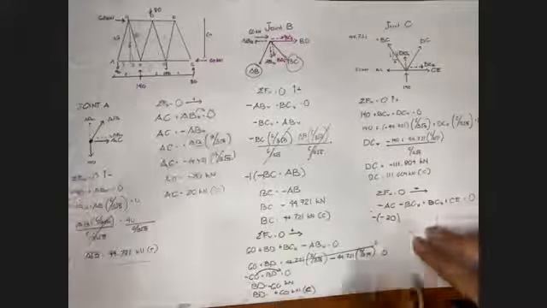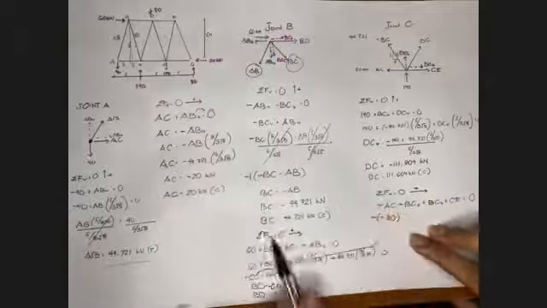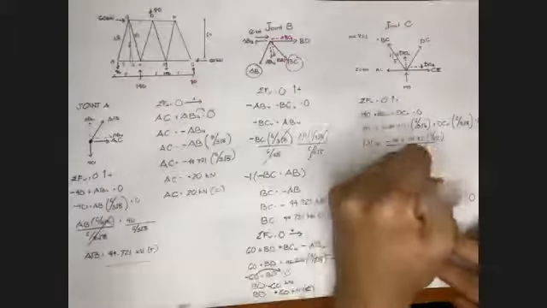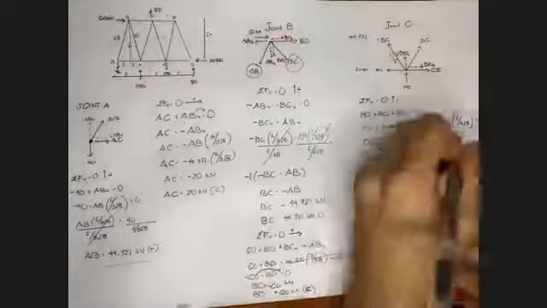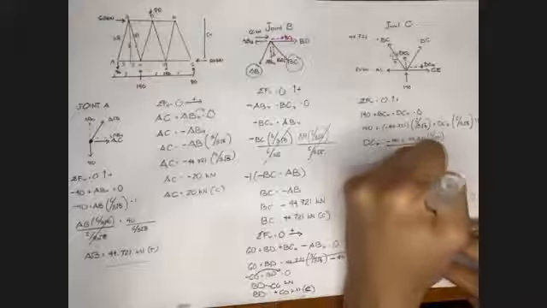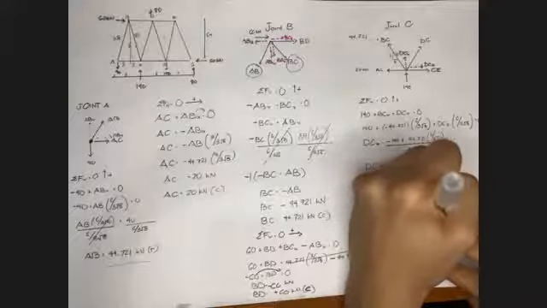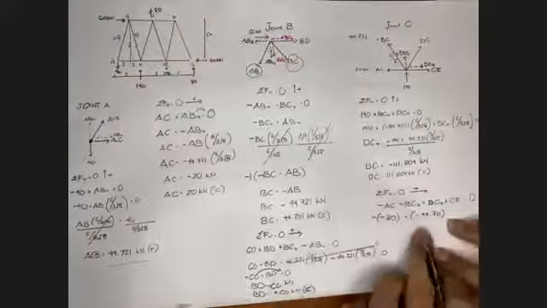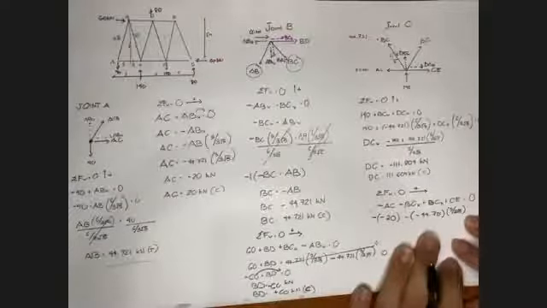And then we have BC. Negative. BC natin is also in compression. So kung negative yon, negative ulit yung value na gagamitin natin. So this is 44.721 times the horizontal component. Let's not forget that is still 3 all over 3 square root of 5. Okay? And then we have DC.